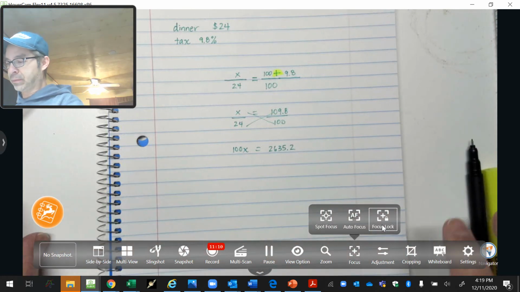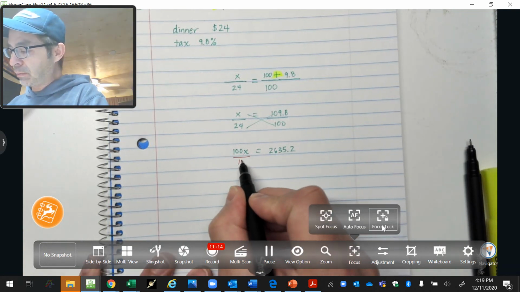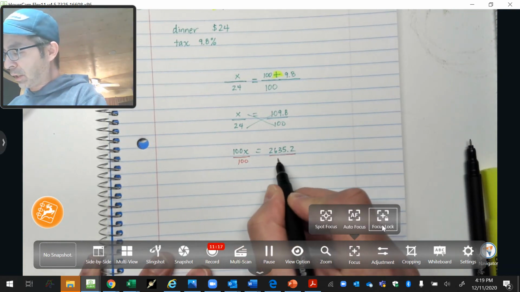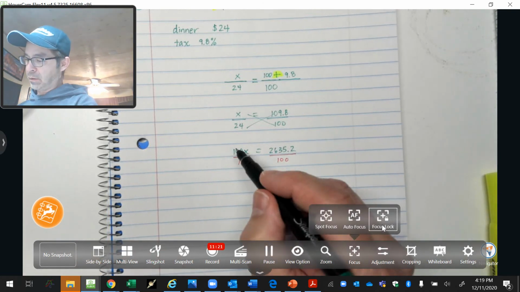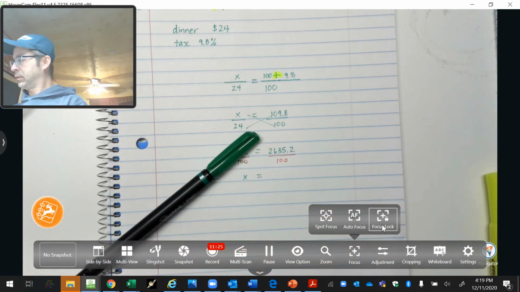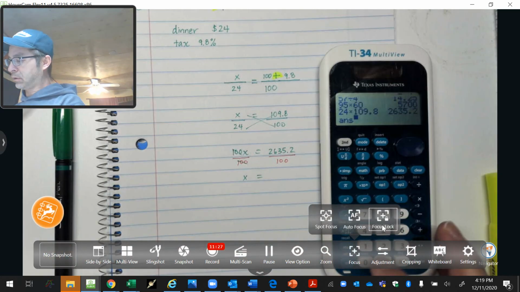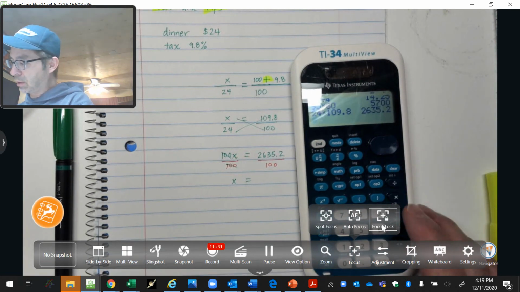And then divide both sides by 100. Cancel, cancel. x equals, divide that by 100.